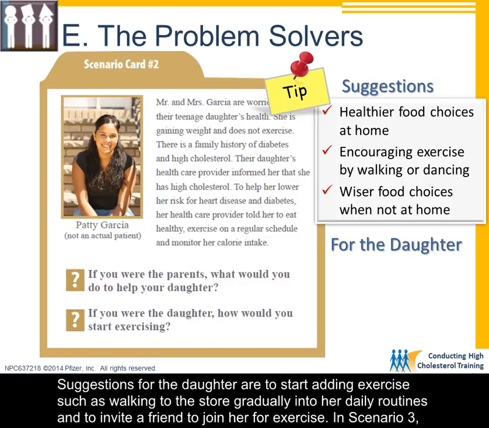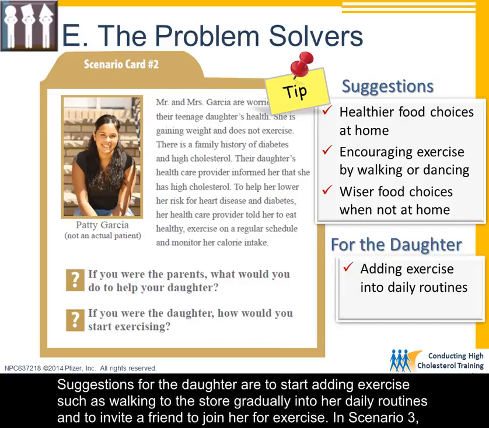Suggestions for the daughter are to start adding exercise, such as walking to the store, gradually into her daily routines, and to invite a friend to join her for exercise.